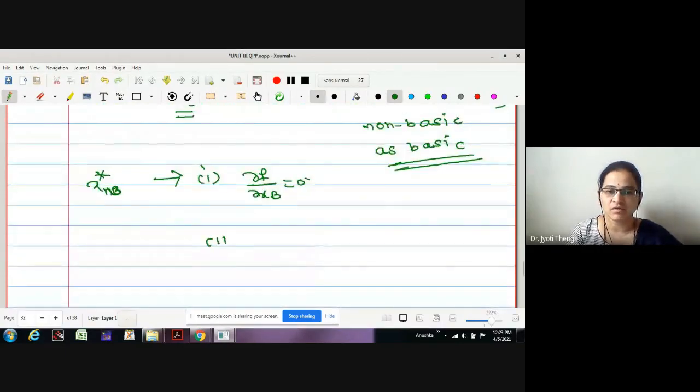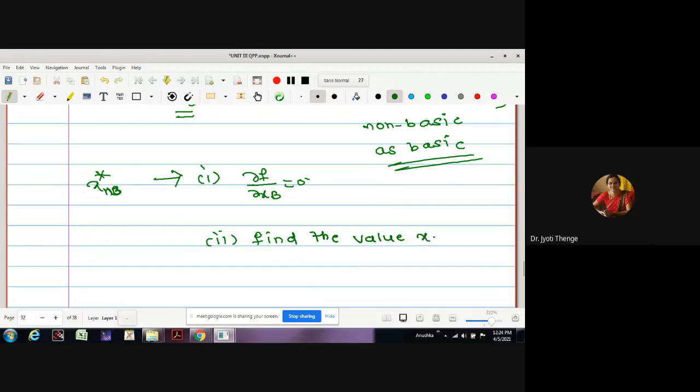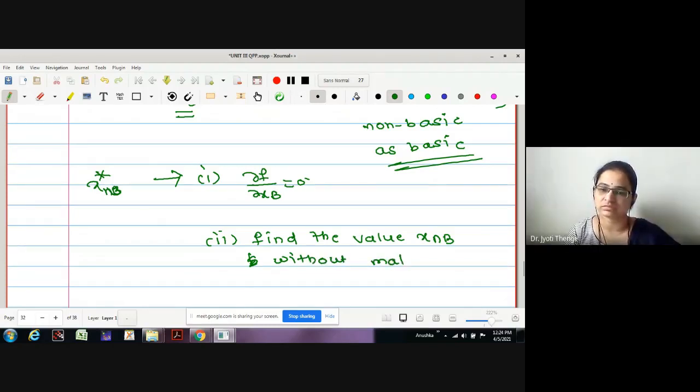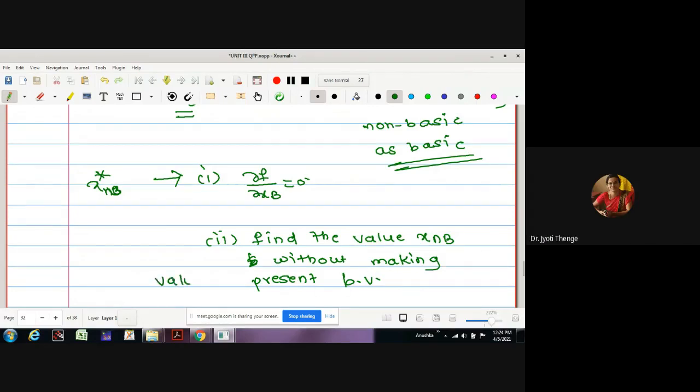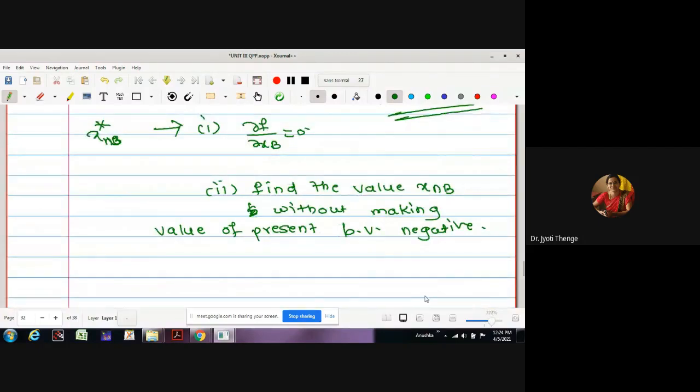Second, find the value of this non-basic variable without making the present basic variables negative, because if we make the value of a present basic variable negative, this will give us infeasibility.